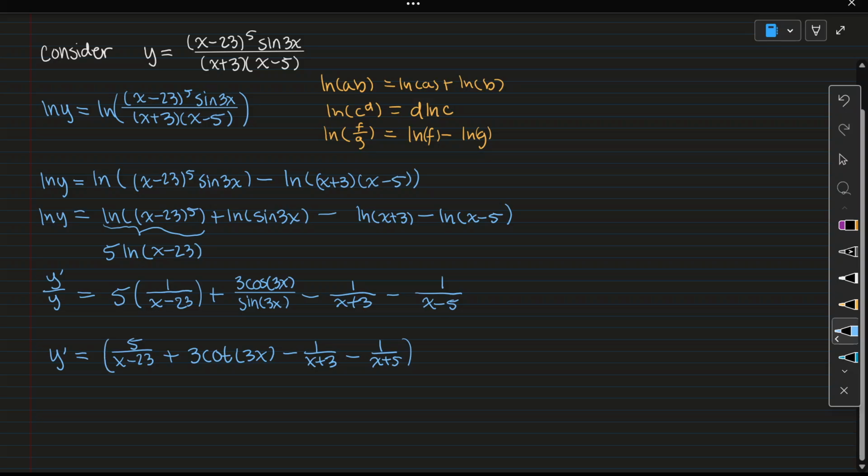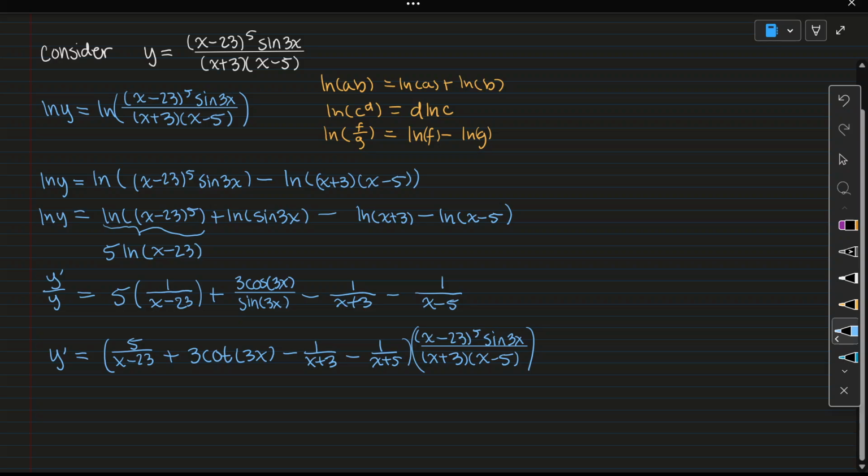And then I multiplied everything by y, so I'll just go ahead and copy it from here, times my original function. And then that would be my final answer. That's the derivative of this disgusting monster.